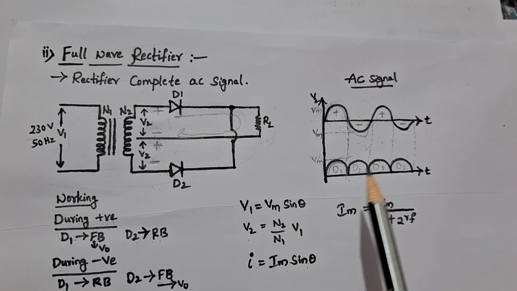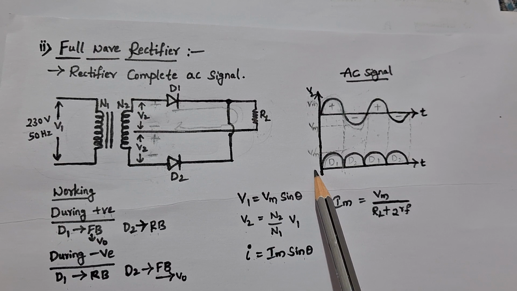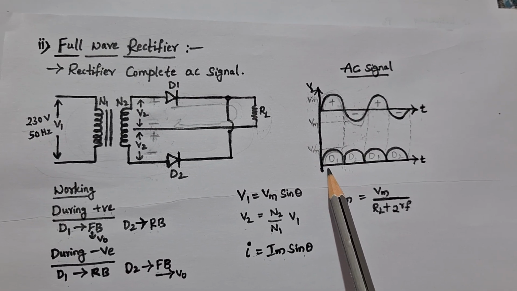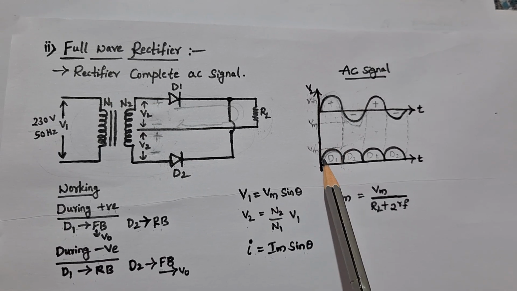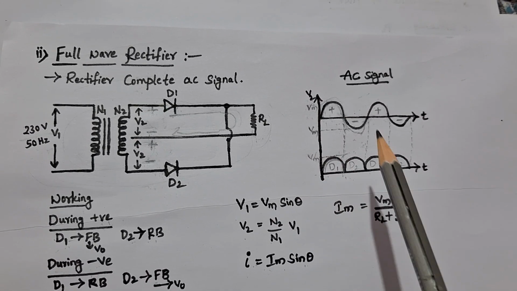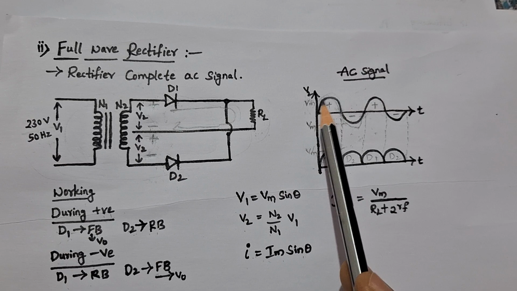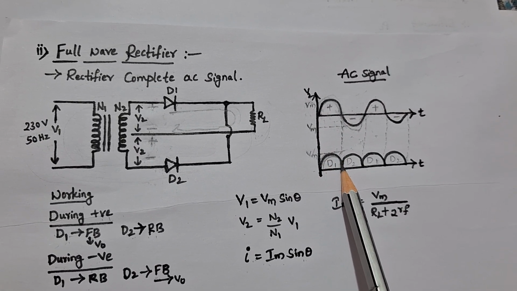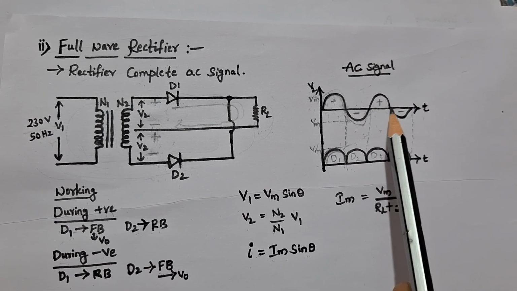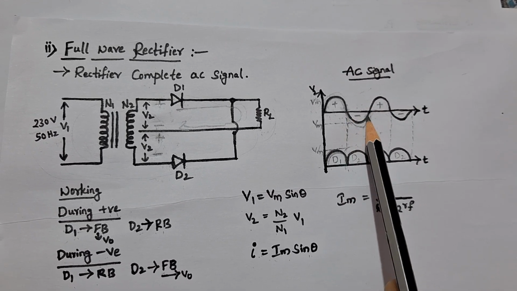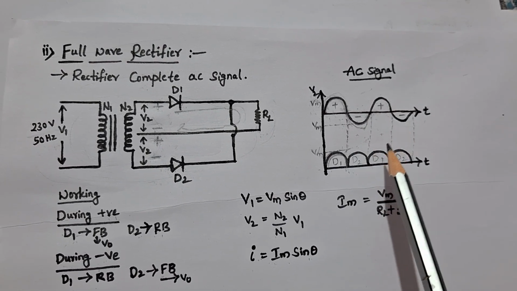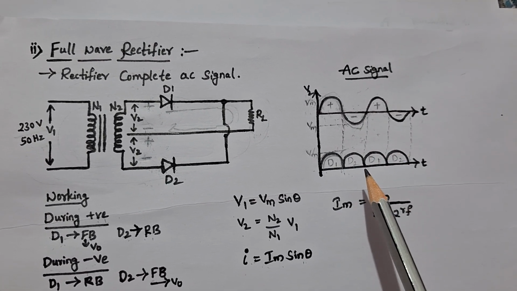So we will see in the graph, we will get an output voltage in the positive half of the cycle. During the negative half of the input cycle, the polarity across V2 will be negative.